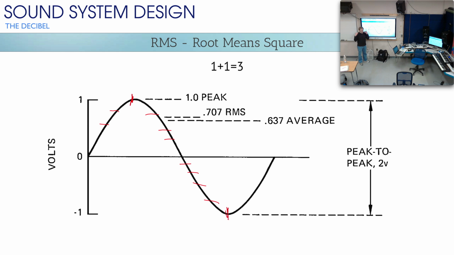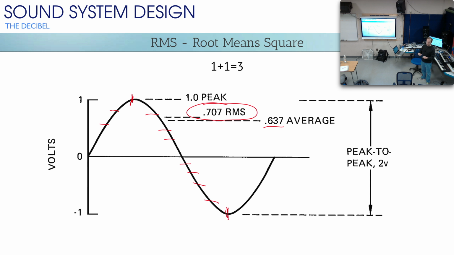And our hearing system hears the average of things, not the instant peaks of things, okay? So if you actually just do the math, if you average this wave out for this 1 volt wave, the average would be 0.637 volts. The RMS level, root mean square, is 0.707, and that corresponds to more or less what we would perceive and what we would hear.